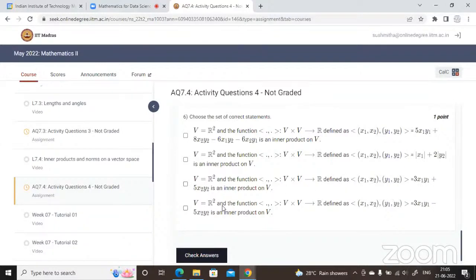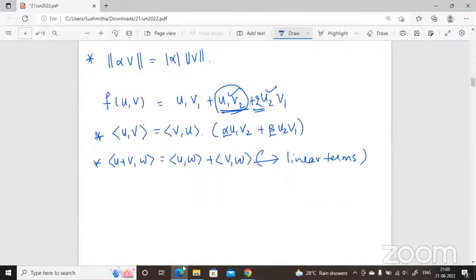What happens when the same subscript terms have a negative coefficient? In this case, 3x1 y1 minus 5x2 y2. What condition will be violated when we have terms like this? Yes, the positivity condition will be affected here.